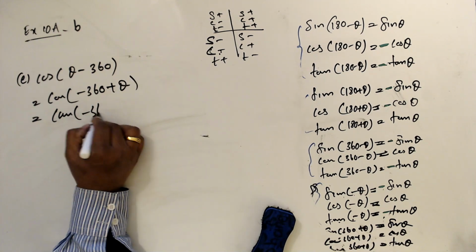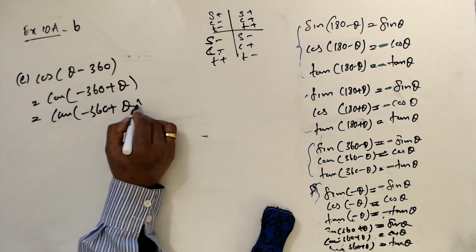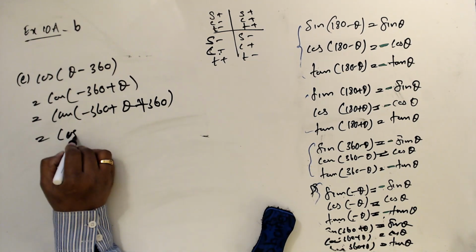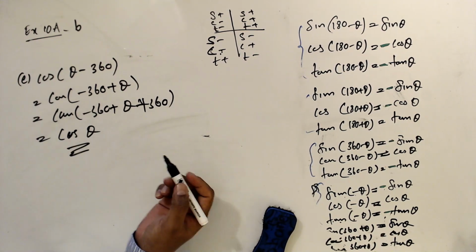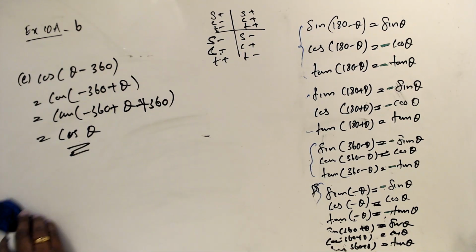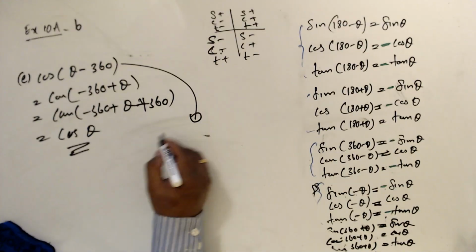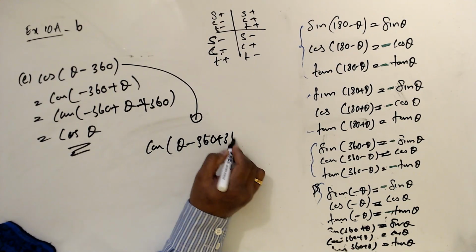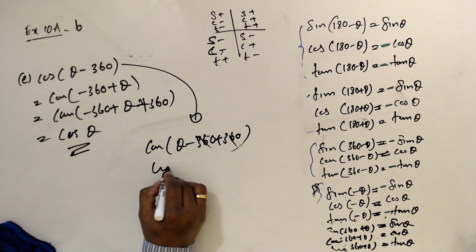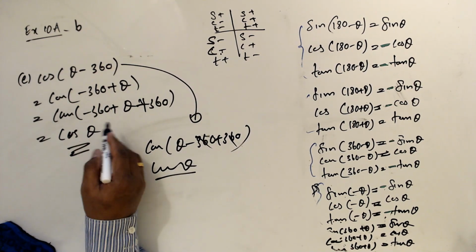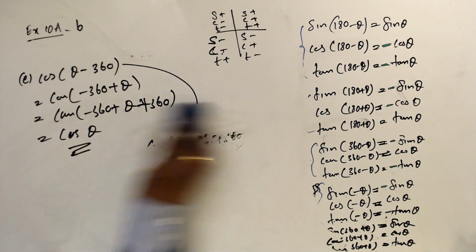I add 360, so this cancels out simply. Answer is cos theta. Why did I add 360? Because I see negative. From here also you can add: cos theta minus 360 plus 360 is cos theta, but it is always better to use this way because it will avoid errors.